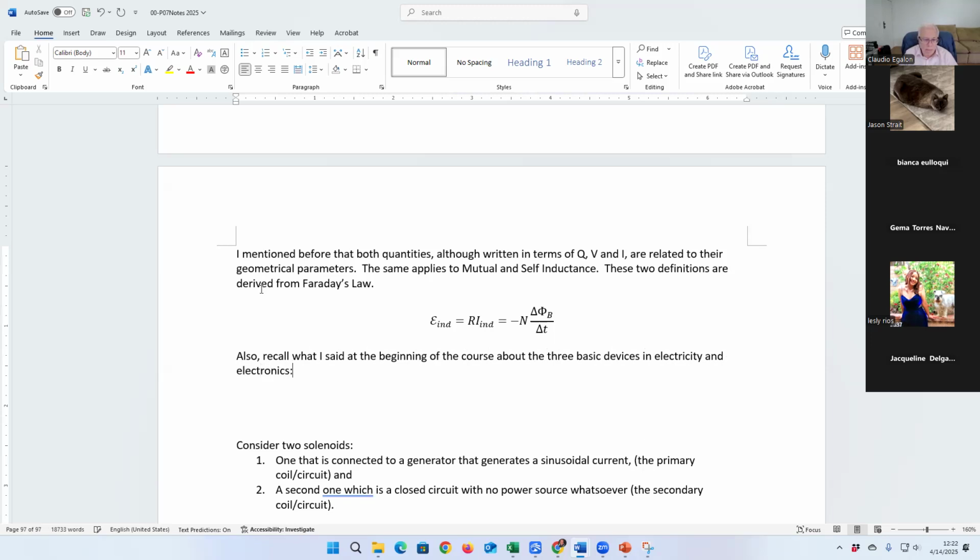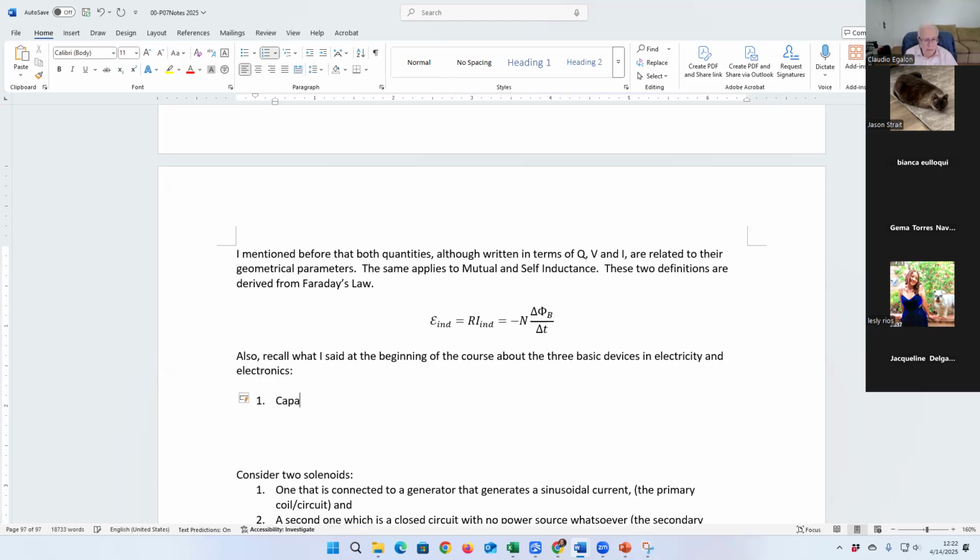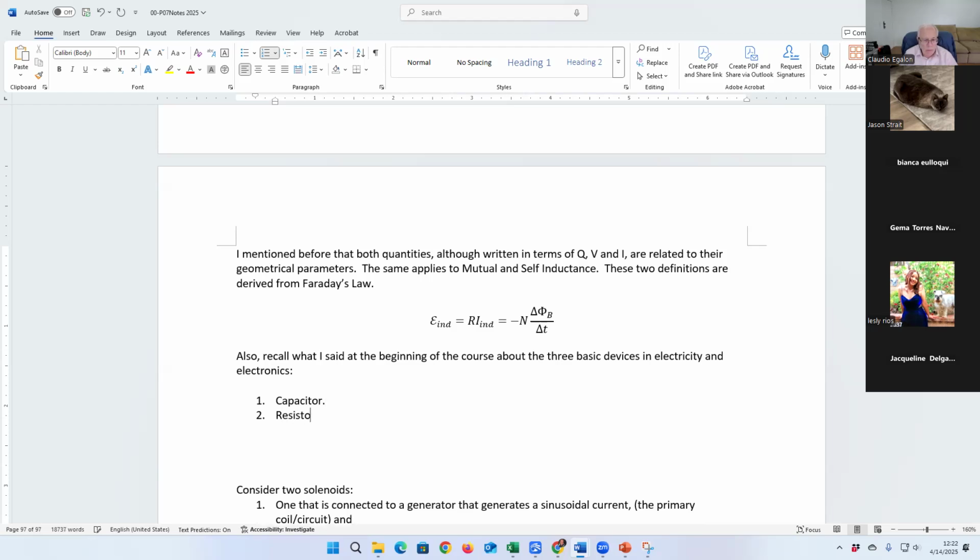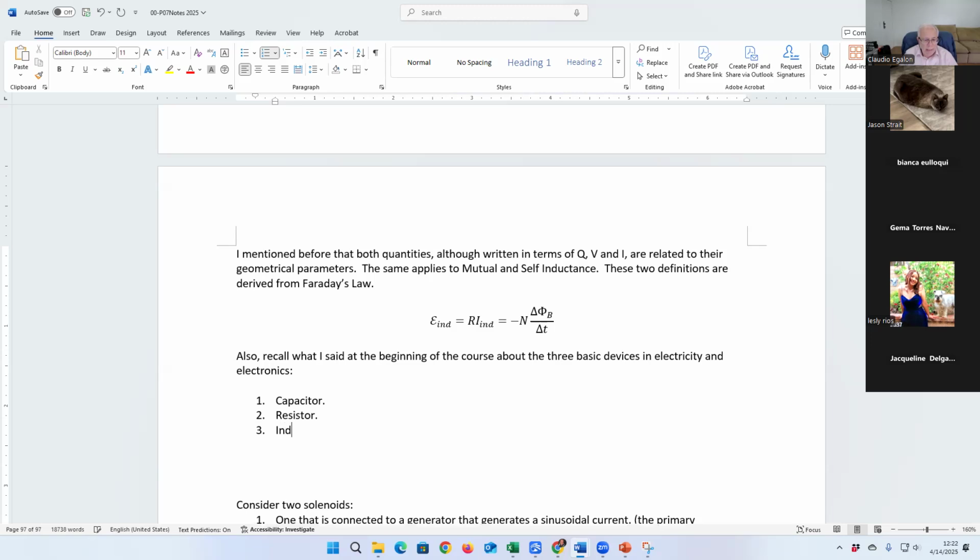It's going to be the capacitor, the resistor, and the inductor. The other one is the transistor, not covered in this course. So we are coming to a point where we are covering this third important device, the inductor.